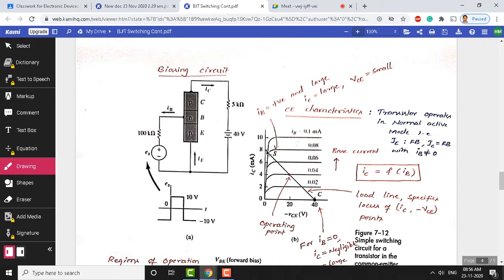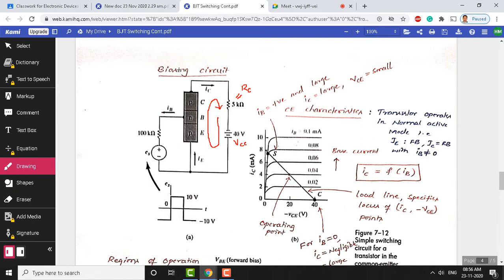This is the saturation point we have shown when we draw the load line here. Load line is nothing but what you get if you apply KVL. Can you apply KVL and arrive at the load line equation for this line? If you are good at KVL, you can apply it in the loop shown here. Let us call this VCC, and this RC or R out, and the current is IC.